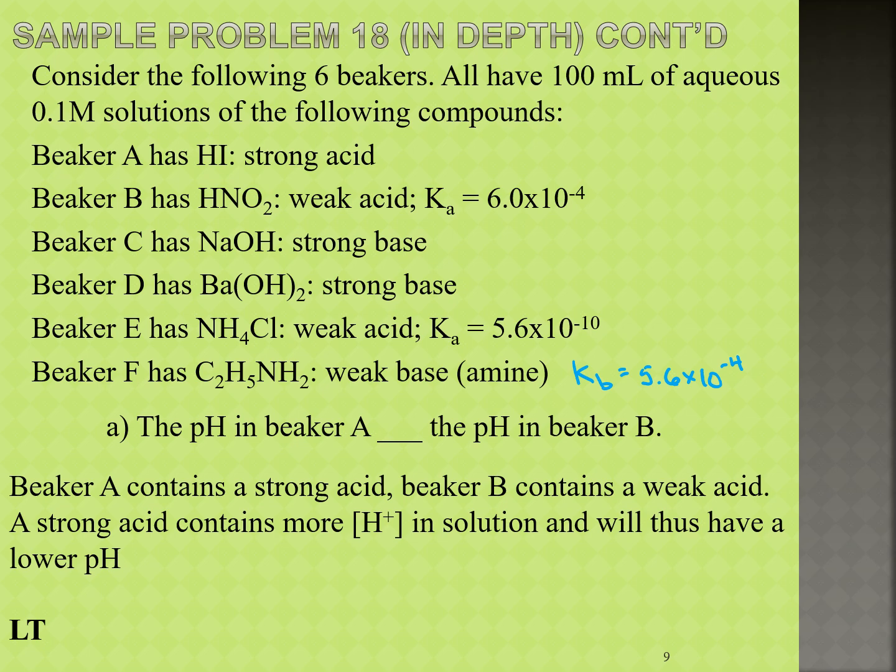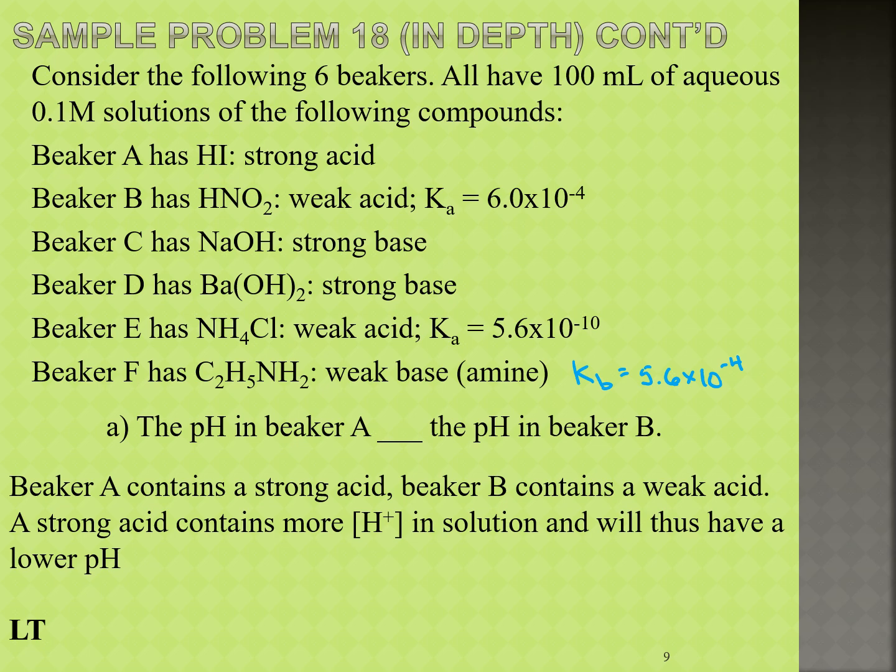Okay, so next up, is the pH in beaker A less than, greater than, equal to, or is there more information needed, compared to the pH in beaker B? All right, well, we have to look. Beaker A is a strong acid, and beaker B is a weak acid. Now they are both 0.1 molar solutions.